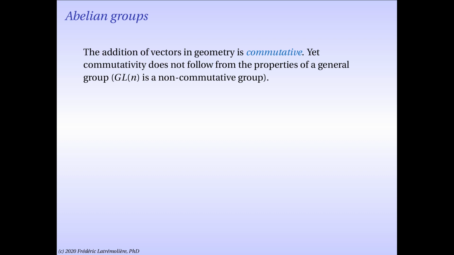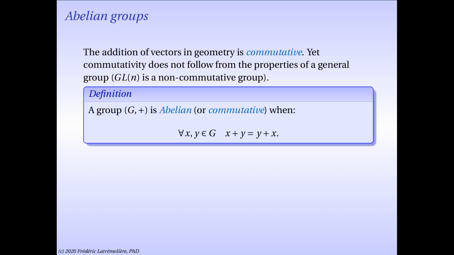The addition of vectors in geometry is also commutative, that is, the order in which you add the vectors does not matter. Yet commutativity does not follow from the properties of a general group. For instance, we showed that the set of n by n invertible matrices is a group for the multiplication of matrices. And certainly, as soon as n is at least 2, there are two invertible n by n matrices A and B, such that A times B is not equal to B times A. So, let's give a definition here.